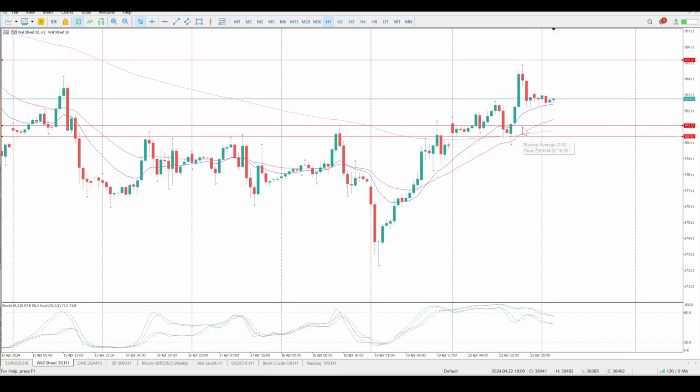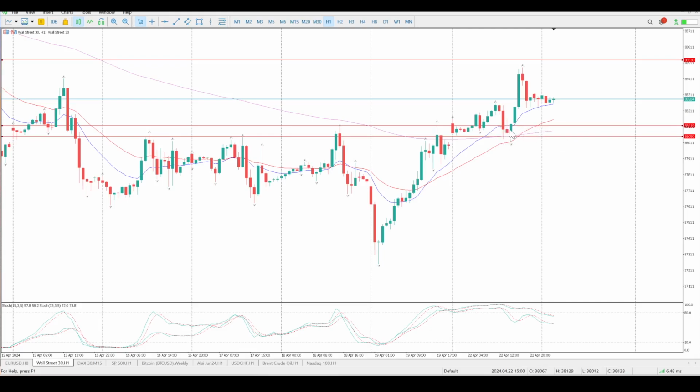So when we drop down to the hour, we get a different picture completely. We had a crossover of all the moving averages, and we had a retest of structure. Okay, we didn't quite close the gap. We tried, but we didn't quite get there. And we've also had a retest of the 150 EMA break, so right in this zone.